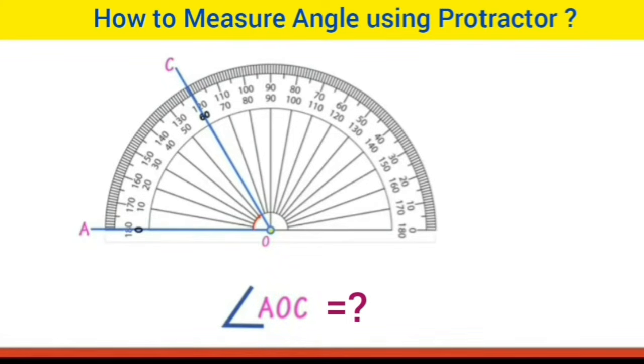Now we are in the position to measure the angle. This arm will be our initial arm which is at 0 angle and this arm will be the terminal arm which tells us the angle measure. We can see that it measures exactly 60 degree.